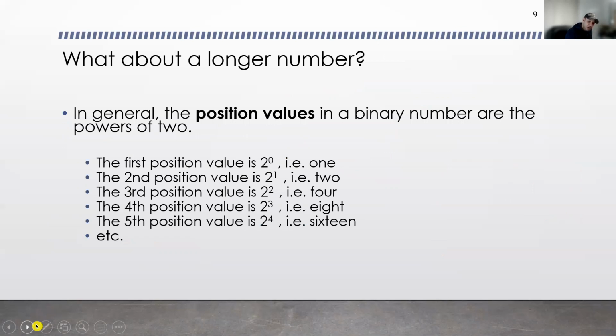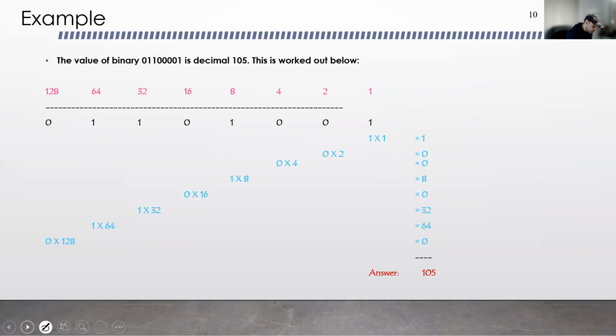Here is the idea of the columns again. He is just stressing that idea. Let's take another example, like this number here. So 1 is corresponding to 2 to the power of 0. 0 here is corresponding to 2 to the power of 1. This bit is corresponding to 2 to the power of 2, which is 4.